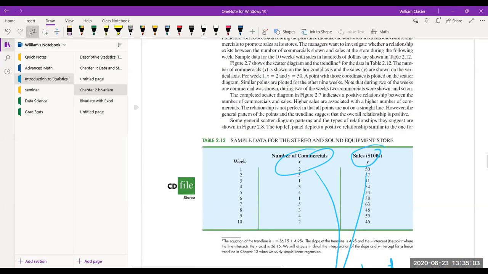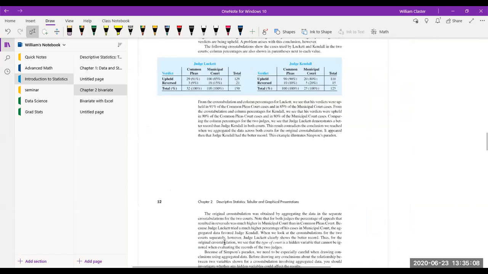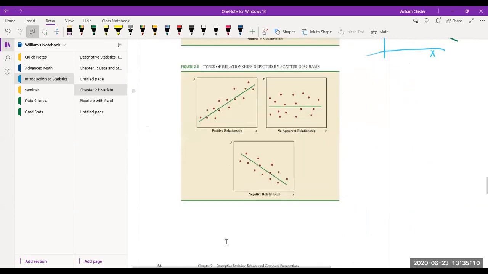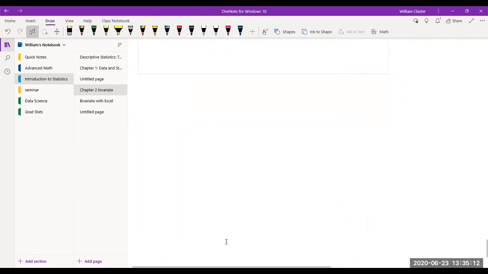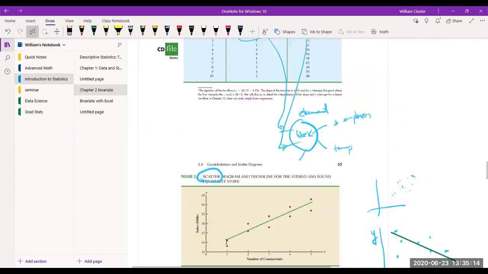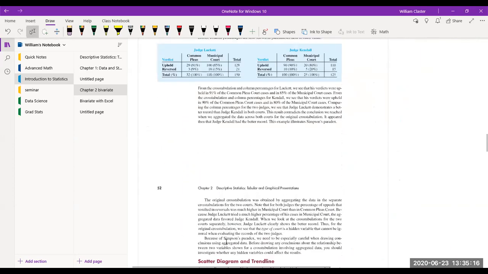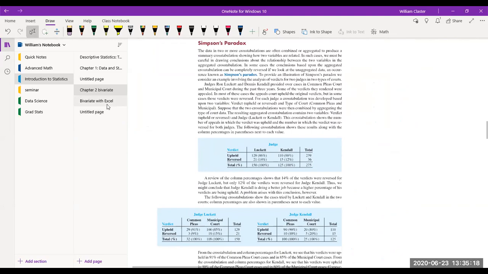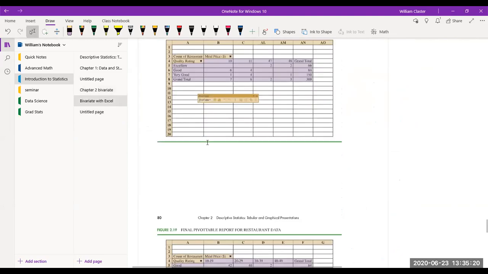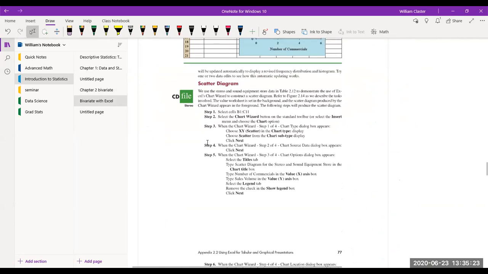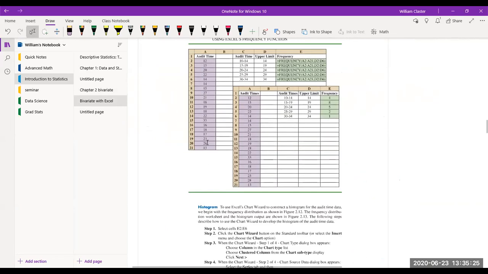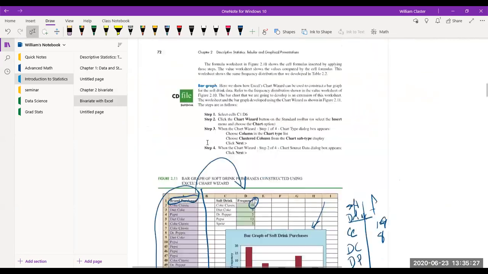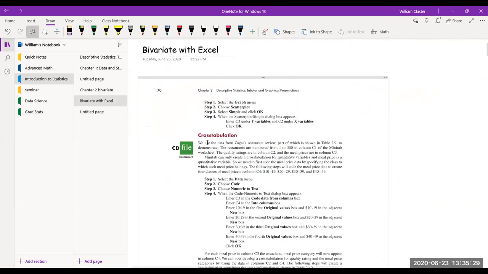It means data with two variables. Anyway, what does bivariate mean? It means we're dealing with two variables.